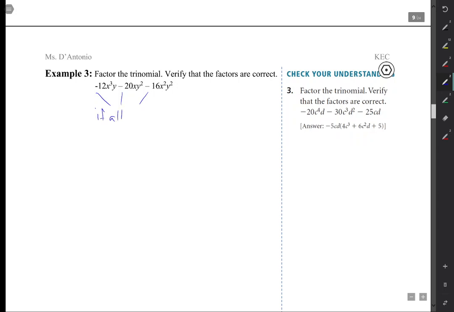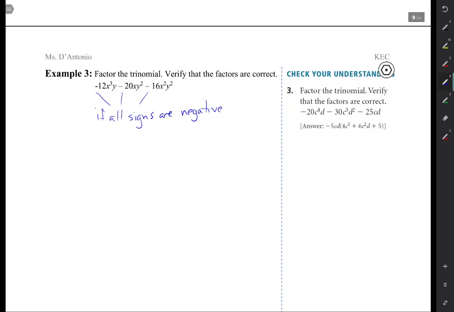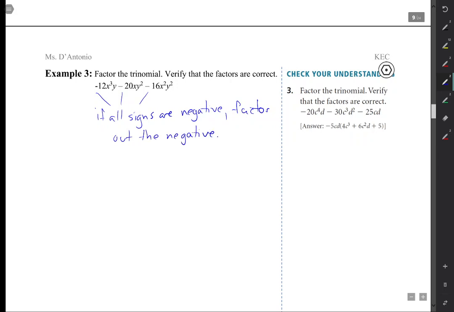If all signs are negative, and that has to be every single one, so all the terms have to have a negative sign before it, then you would factor out the negative. So let's work through this one by one. We'll start off with the coefficients.